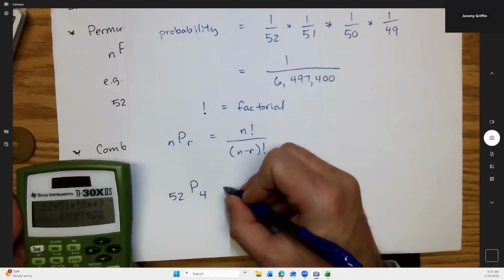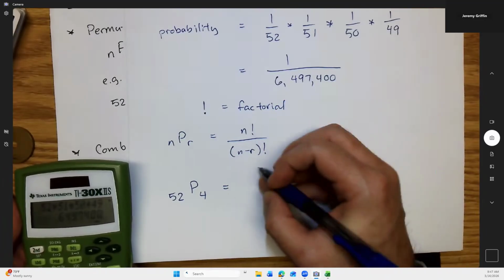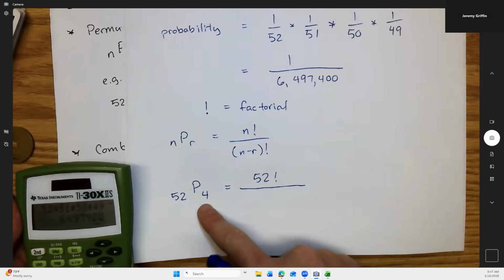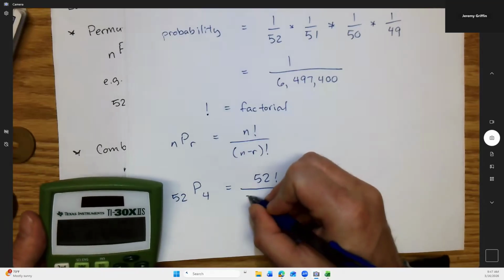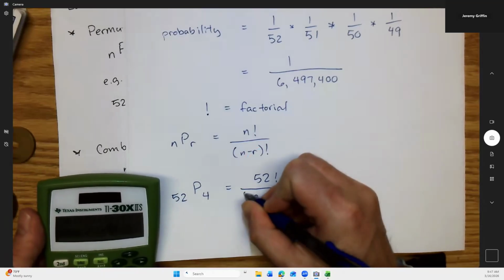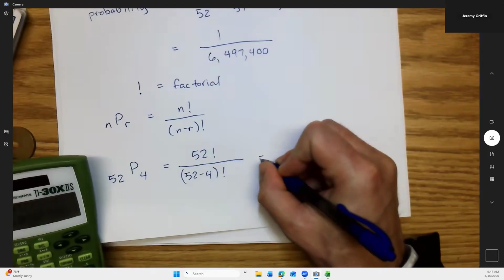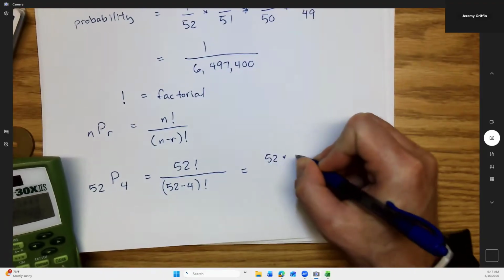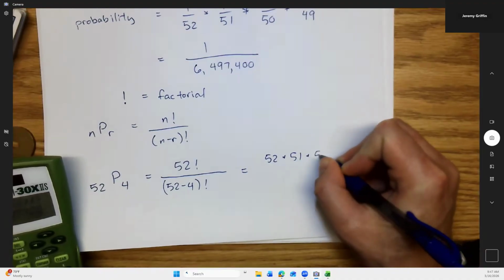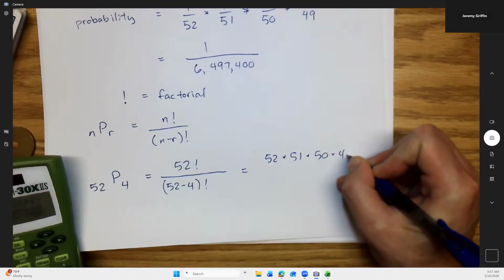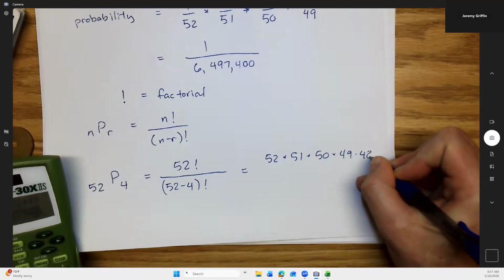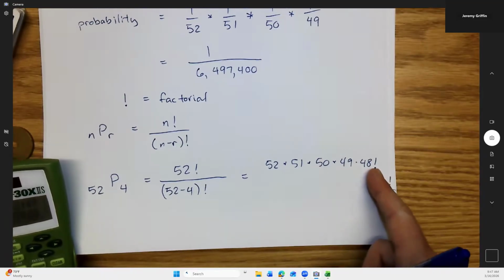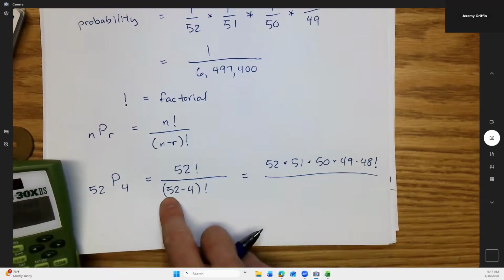So how many ways could this possibly happen? 52 factorial divided by 52 minus 4, and then that factorial. Guys, 52 factorial is 52 times 51 times 50 times 49 times 48, and it just goes on down. You guys see that? Hey guys, what is 52 minus 4?